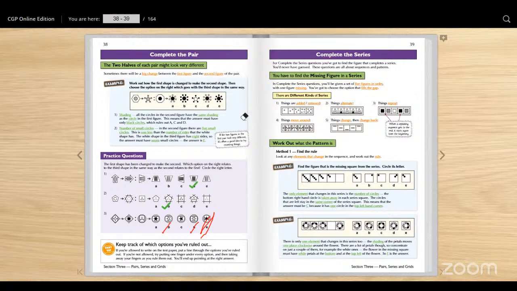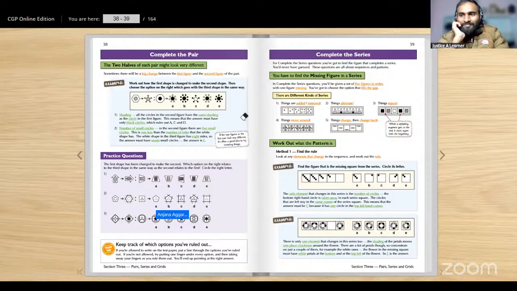I think the answer is A. Wow. All correct.